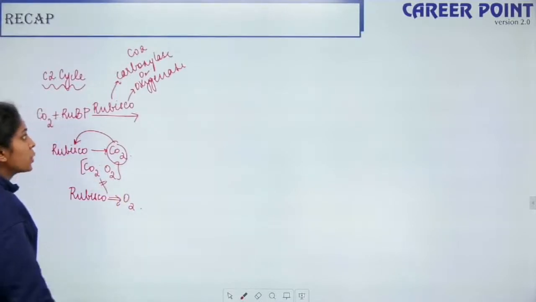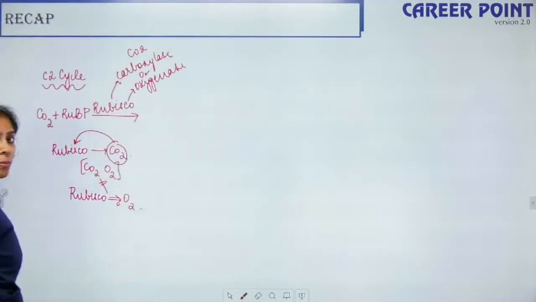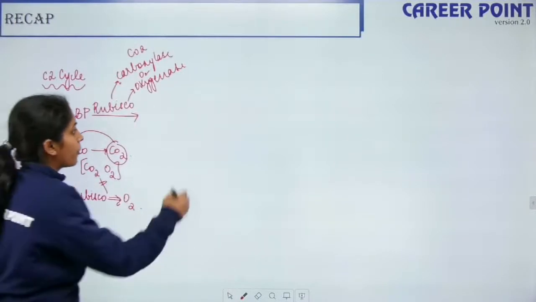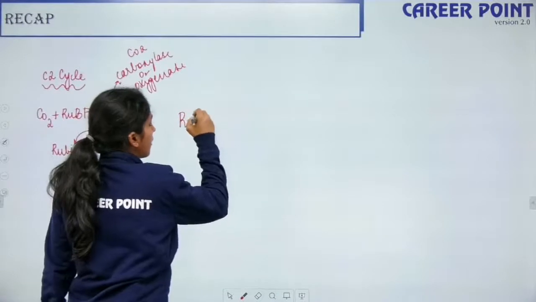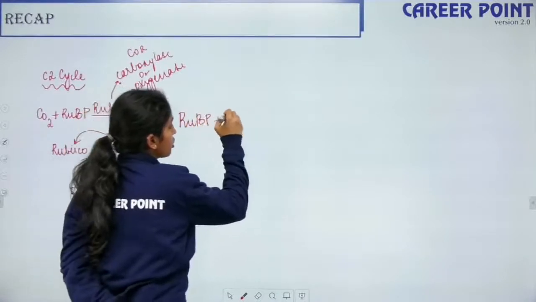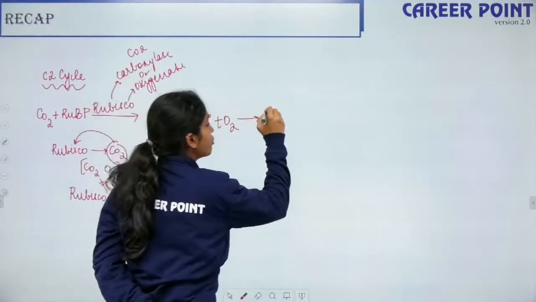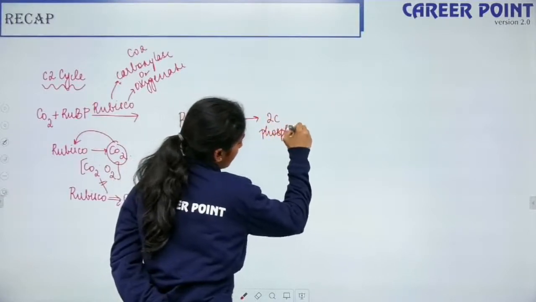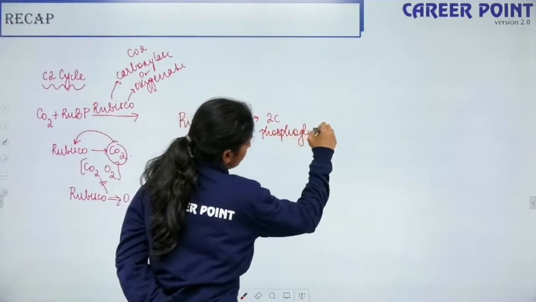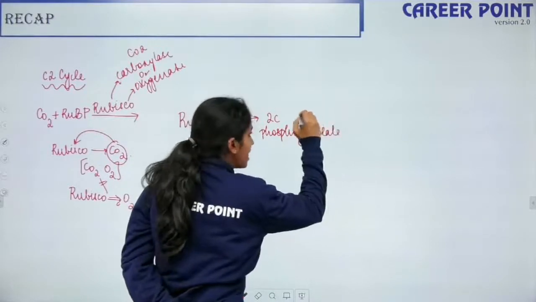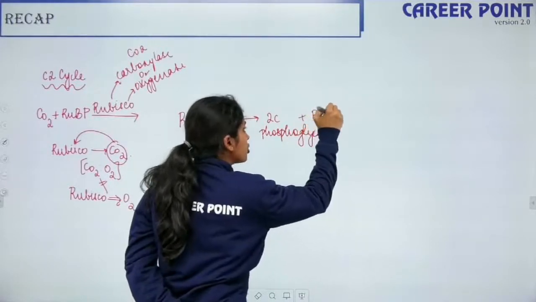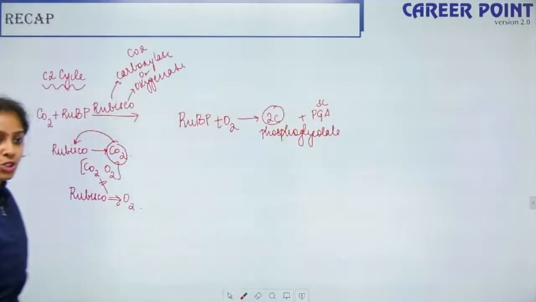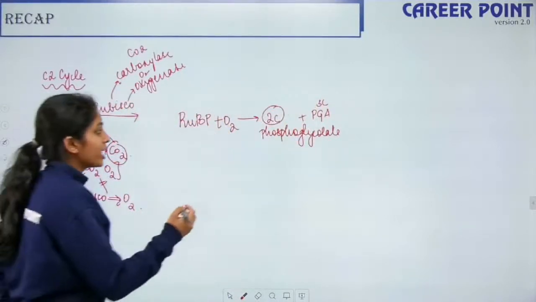In that case, you will not have a stable 3 carbon compound, but instead a 2 carbon compound. When RuBP binds with oxygen, you have 2 carbon phosphoglycolate plus your PGA, which is your 3 carbon compound, but this takes up all your energy and does not produce any sugar.